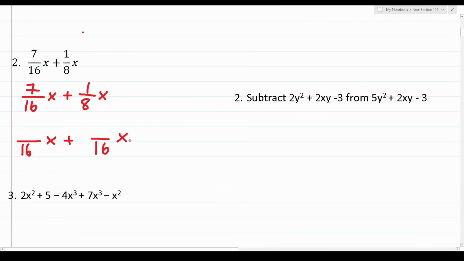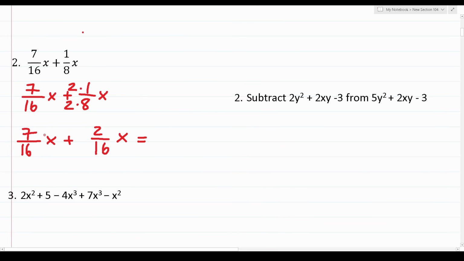And as you should see, 7 over 16 already has a denominator of 16, so we're just going to copy that one down as is. But that said, in order to write 8 as 16, we have to multiply it by 2. Again, 8 times 2 is 16. And to keep proportionality, we're also going to have to do that to its numerator. 2 times 1 is 2.